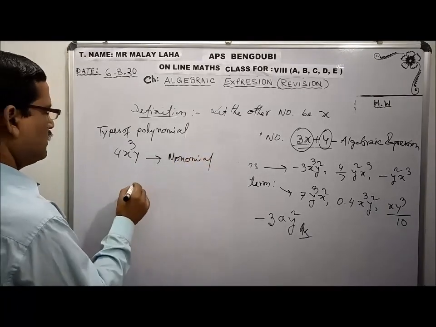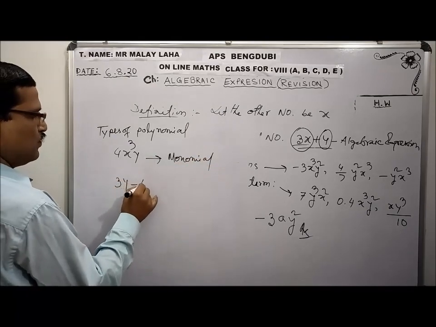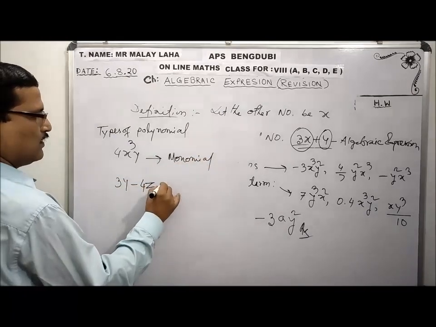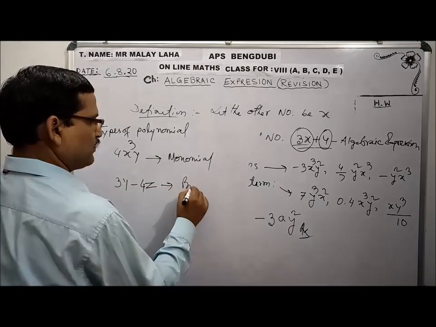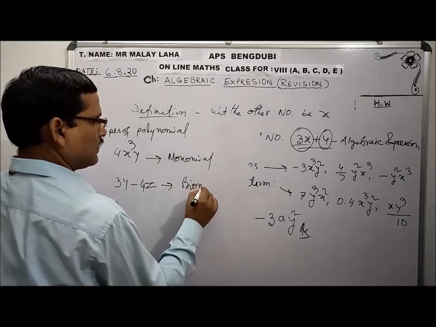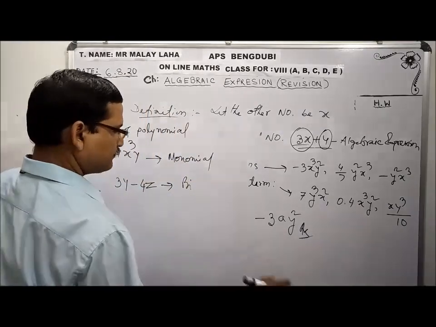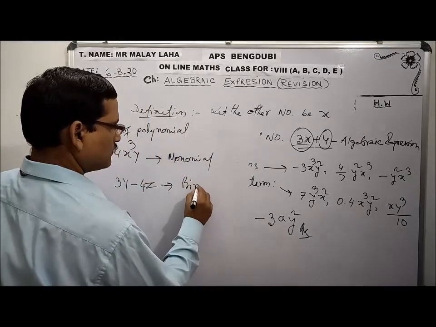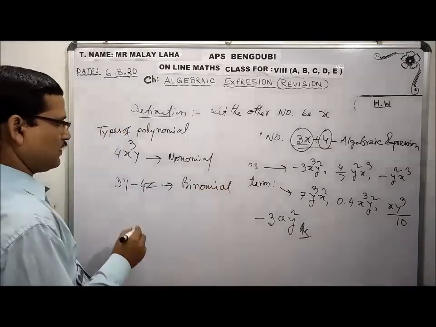Monomial. Say here 3y minus 4z. How many terms are here? Two terms. Binomial.